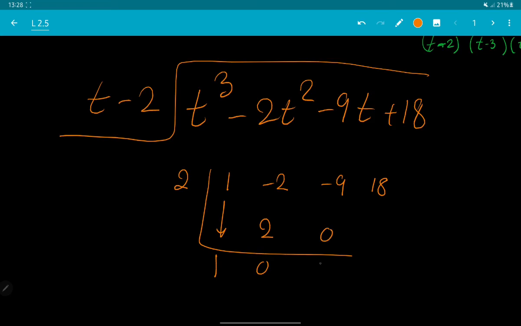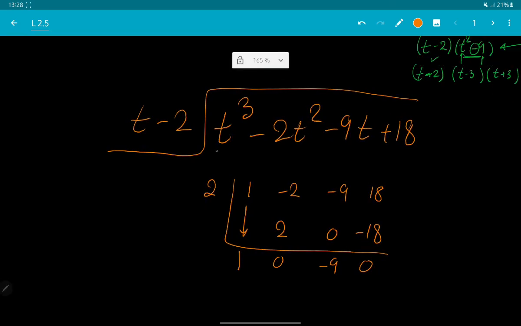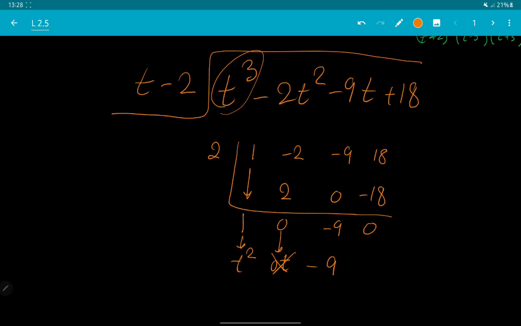Negative 9 with 0 is negative 9. Multiply negative 9 by 2, it's negative 18. So the remainder is 0. If this is t power 3, this should be t power 2. And this is 0t, which will be cancelled. And this is negative 9. So the answer that you have here is t squared minus 9.